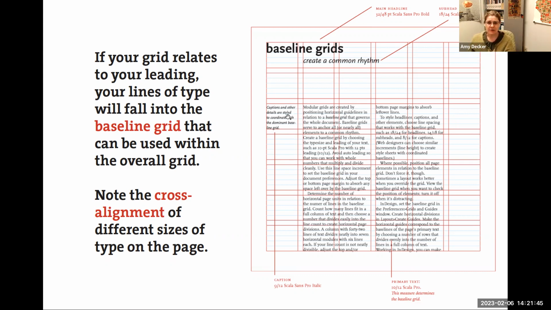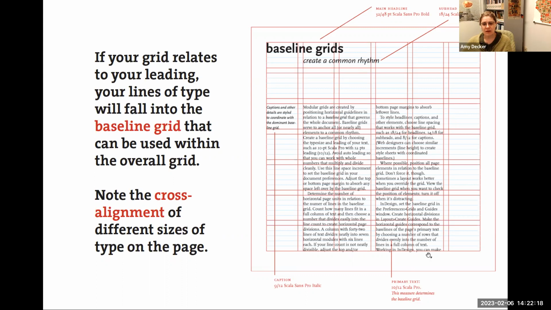And notice that, as you can see by these callouts, they are different in size and leading. So let's go over that. The main headline is 32 over 48 point Scala Sans Pro bold. The subhead is 18 over 24 Scala Sans Pro italic. The caption is 9 over 12 Scala Sans Pro italic. And the primary text is 10 over 12 Scala Pro.